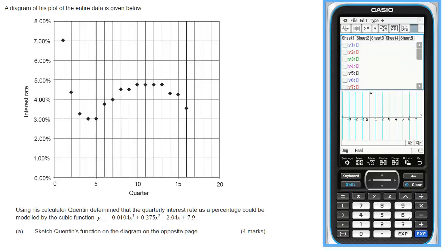So it's negative 0.0104x cubed plus 0.275x squared, take away 2.04x and add 7.9.